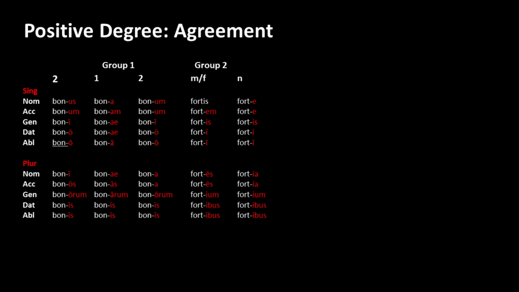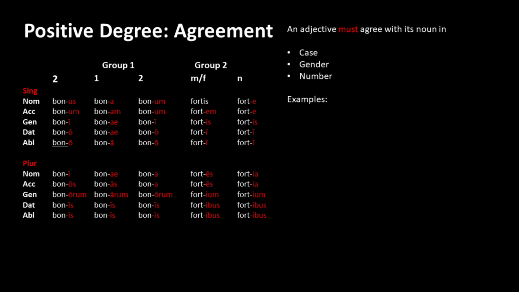Let me now come to the matter of agreement. I have already covered this in the first video, but I will cover it again here. Unlike in English, an adjective must agree with its noun in case, in gender, in number. This is perhaps a fiddly rule, and this is a rule, not a tendency. But given the great fluidity of the Latin word order, it is a very useful rule.